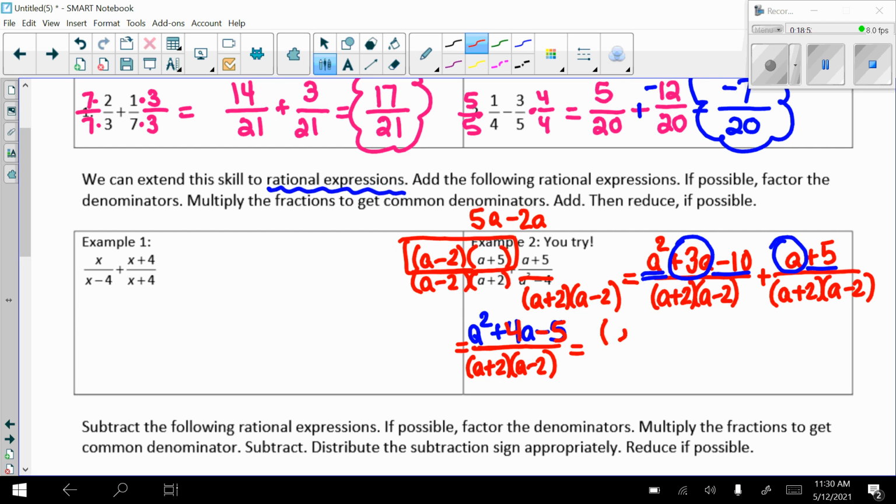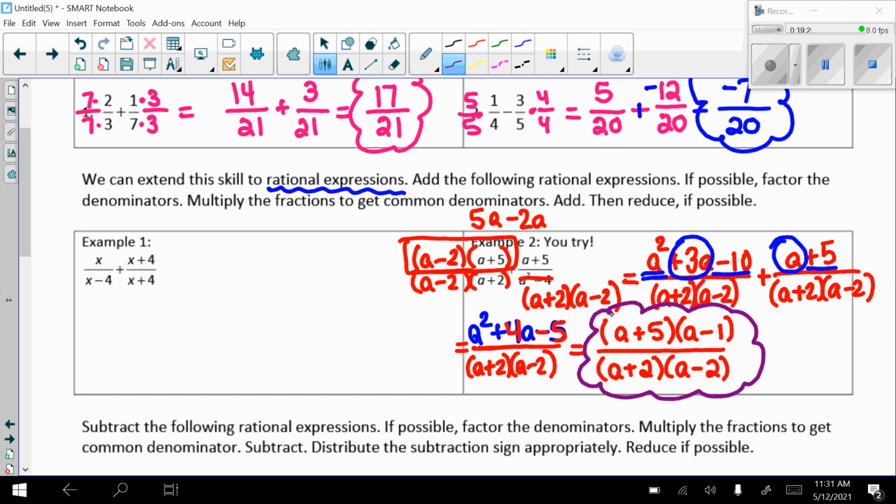So we can factor our numerator to be a plus 5 times a minus 1, all divided by the same denominator that we've been carrying around for a while, right? a plus 2 times a minus 2. Can we cancel anything out? Absolutely not. No common elements, so that's our answer. Leave it in factored form. That's how we like it.